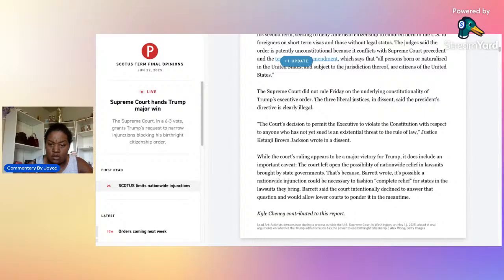The court left open the possibility of nationwide relief in lawsuits brought by state governments. That's because, Barrett wrote, it's possible a nationwide injunction could be necessary to fashion complete relief for the states in the lawsuits they bring.